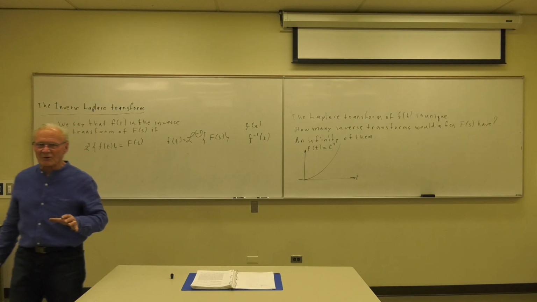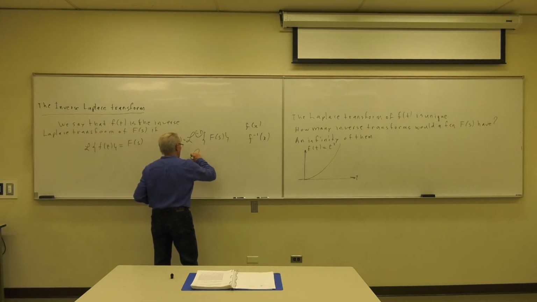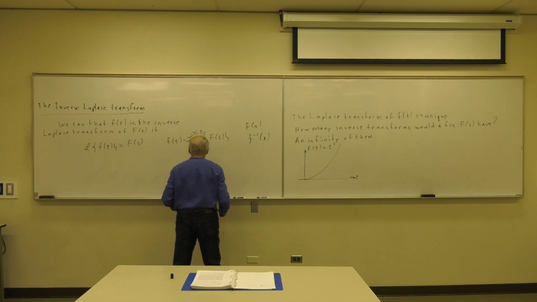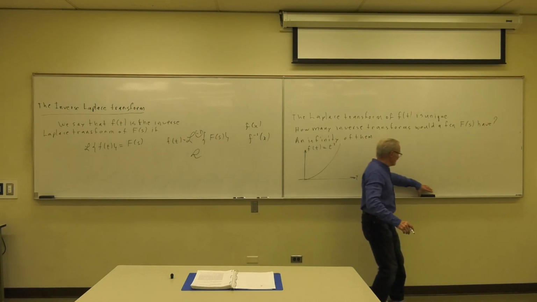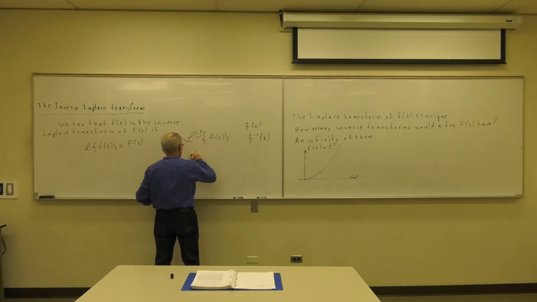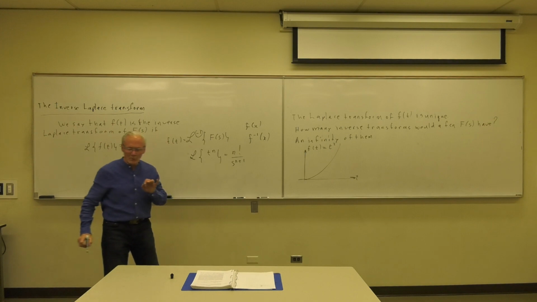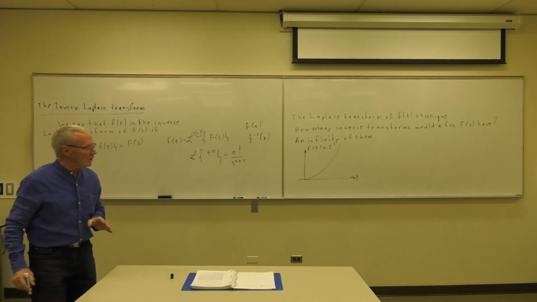What's its transform? We had on the board a little while ago that the Laplace transform of t to the n was equal to n factorial over s to the n plus 1. That's a formula we proved a short while ago.